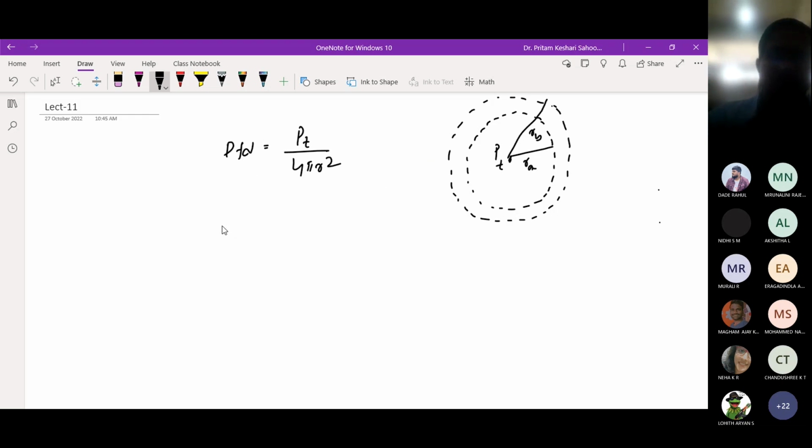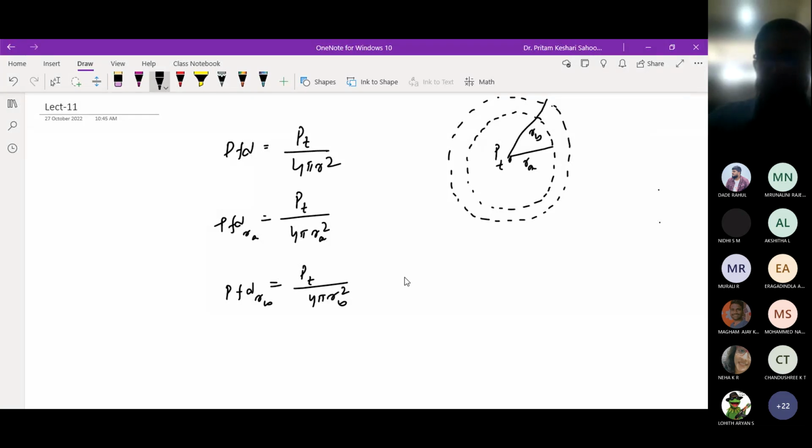If I calculate the power flux density for a sphere of radius RA, then we can write the transmitted power divided by 4 pi RA square. If I calculate the power flux density within a sphere of radius RB, that is the transmitted power divided by 4 pi RB square.